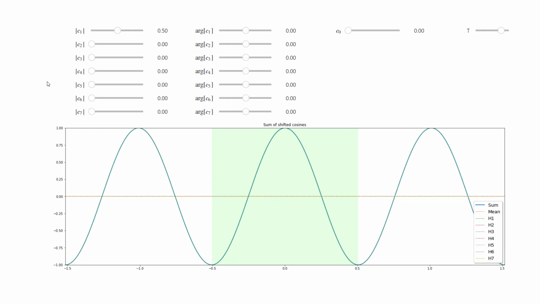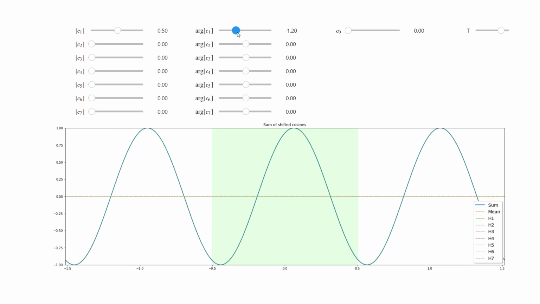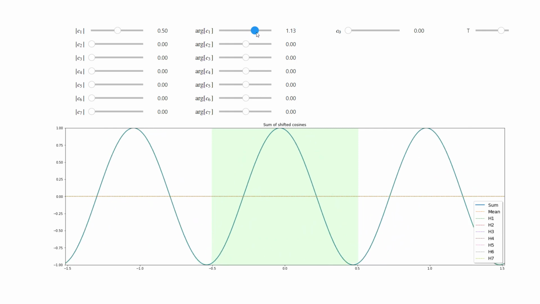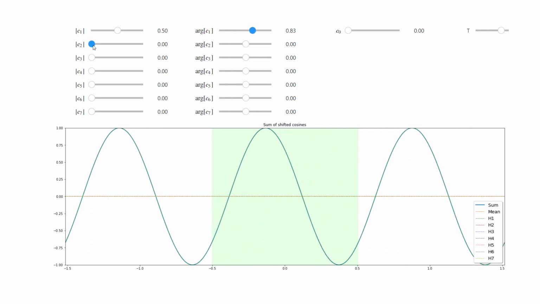So what we can do now is start playing with those sliders, right? Well, of course, we can play with this one, and all this does is really a phase shift of the fundamental cosine, right? You can start adding, for instance, a second harmonic.